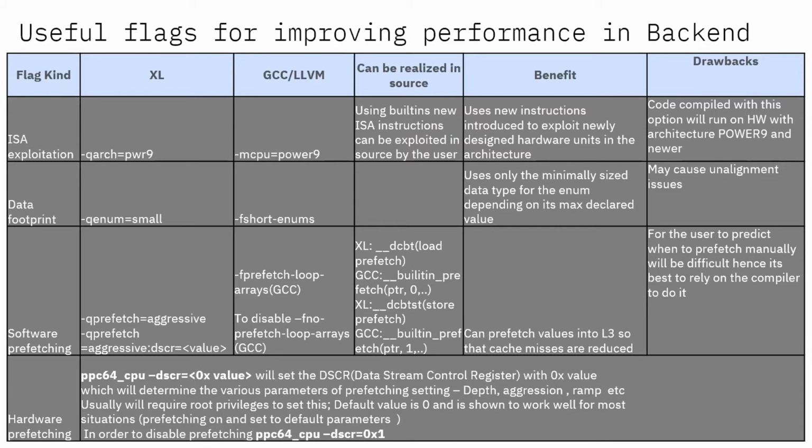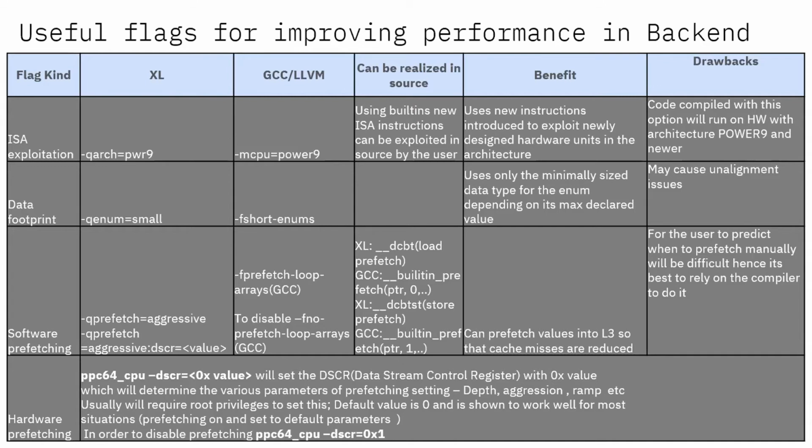Some of this can also be enabled on the software side. You have compiler flags, particularly if you know that your program has a lot of pattern-like accesses in loads and stores. You can use compiler flags to denote that, and rely on the intelligence of the compiler to place these prefetch instructions automatically.